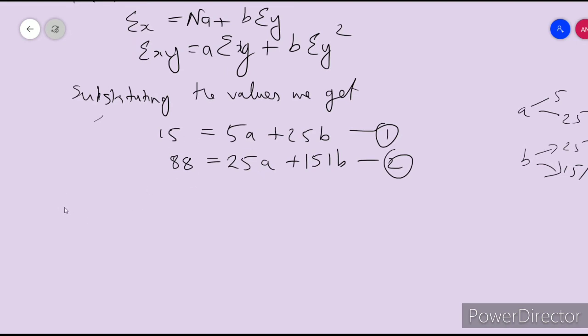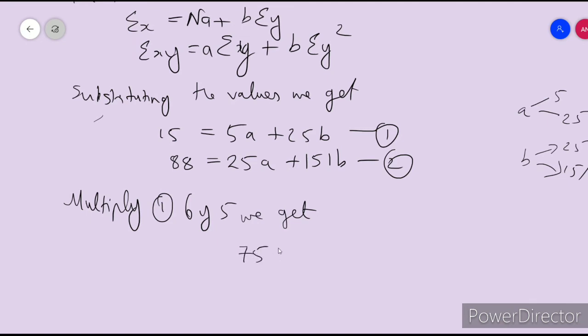So let us solve for a. We multiply equation 1 by 5. If you multiply equation 1 by 5, we get 5 into 15, 75, 5 into 5, 25a, and 5 into 25 is 125b.